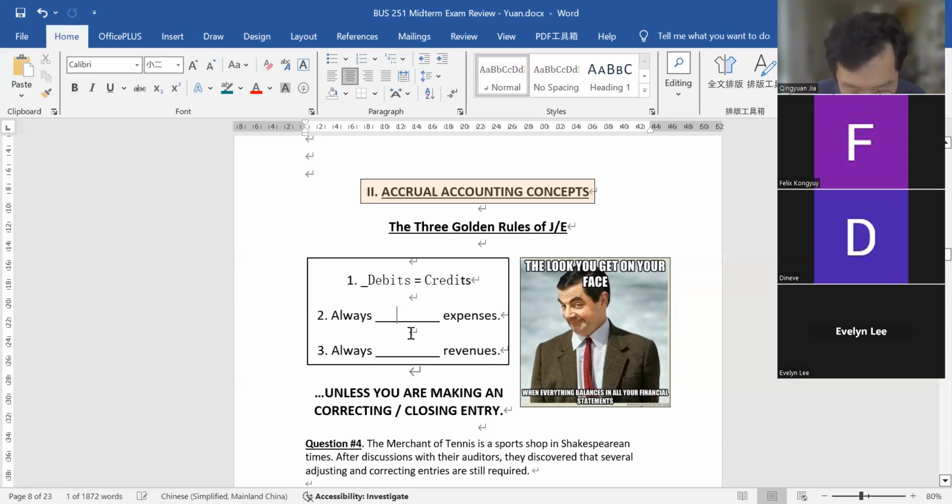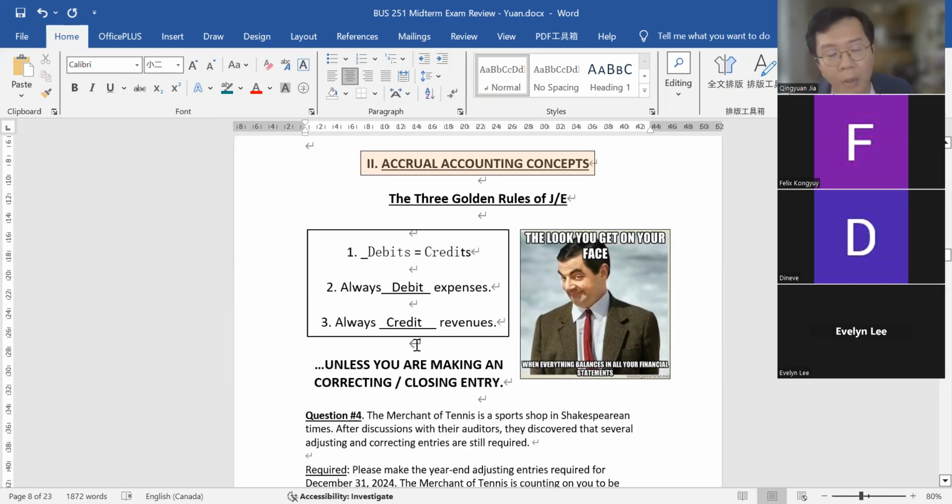And you always debit expenses, and you always credit revenues. When you debit expenses, expenses go up. When you credit revenues, your revenue goes up. We always have more expenses happening, and we always make more money and more revenues. So that's why we always debit expenses and credit revenues.